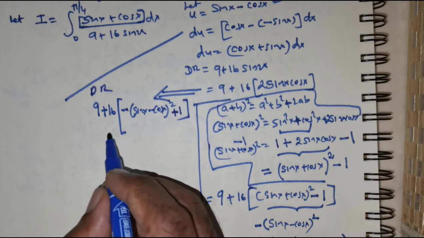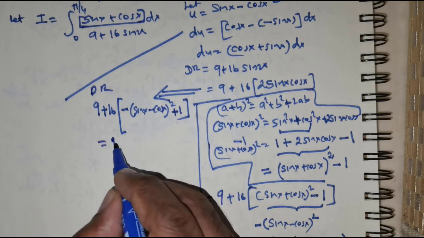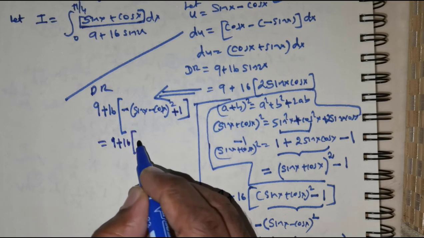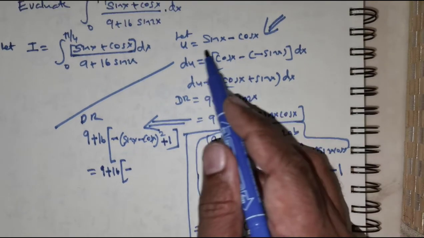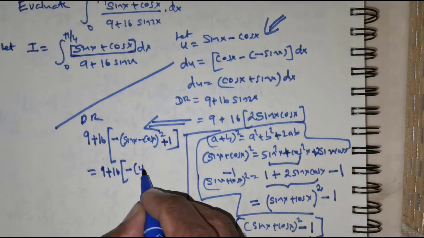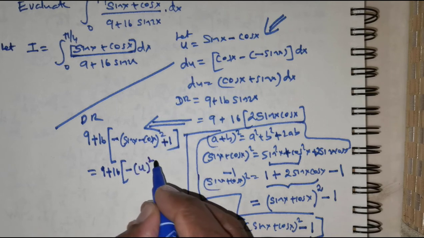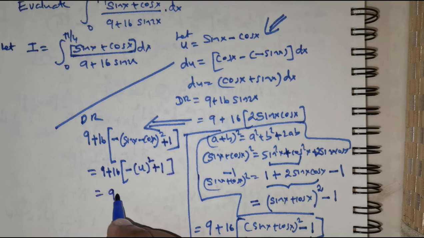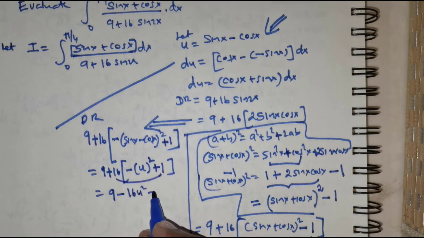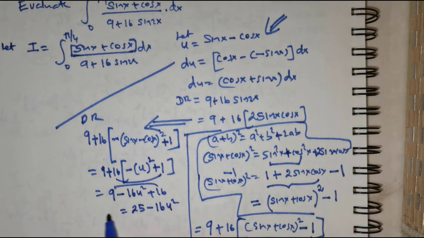So the denominator is now going to be rewritten as 9 positive 16 times of negative of sin x negative cos x. That's going to be u here. So I got a u that has to be raised to the power of 2 followed by a positive 1. So this can be rewritten as 9 negative 16u squared positive 16. You add these two together, you get 25 negative 16u squared, which is my denominator.